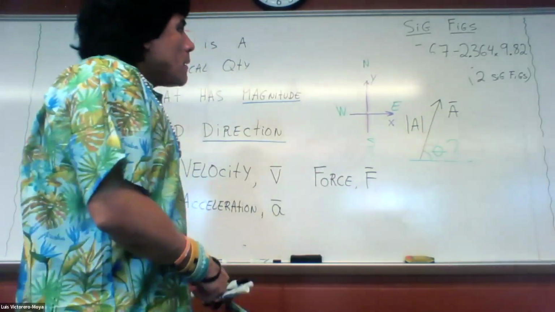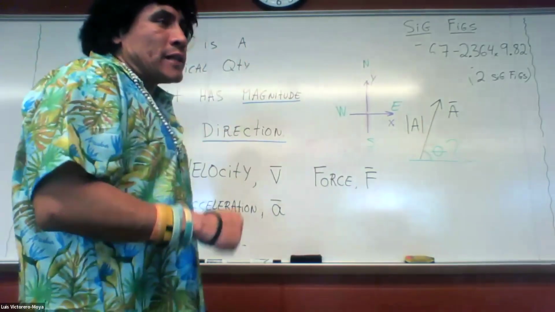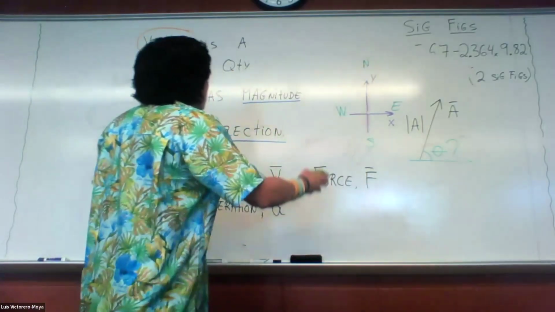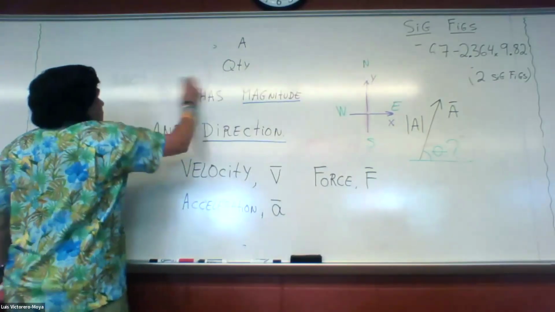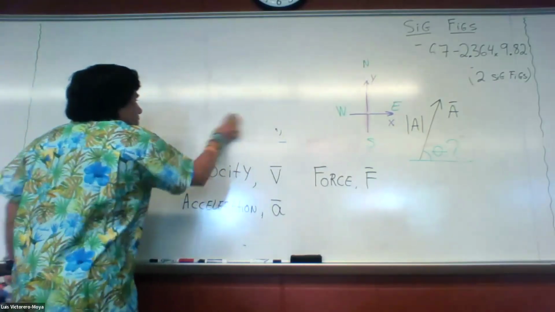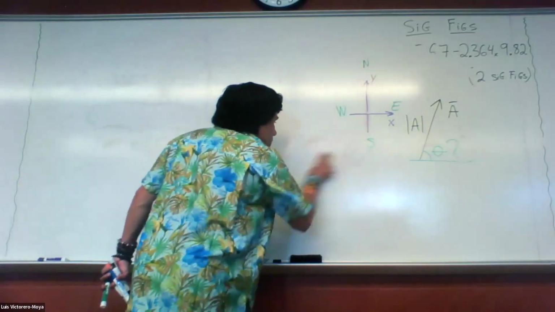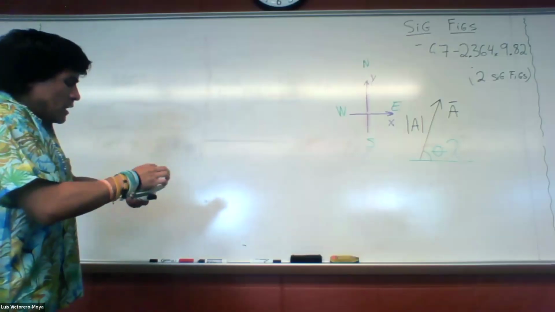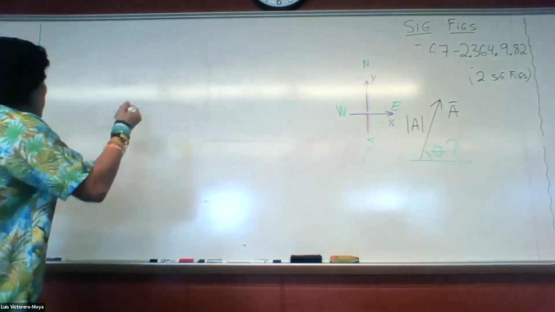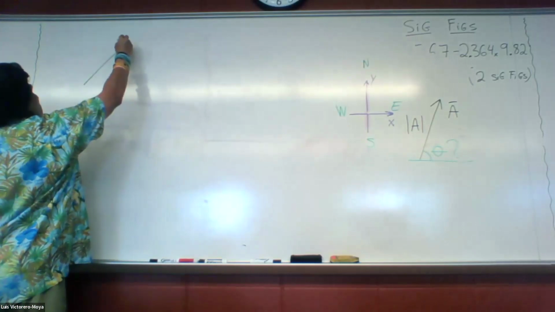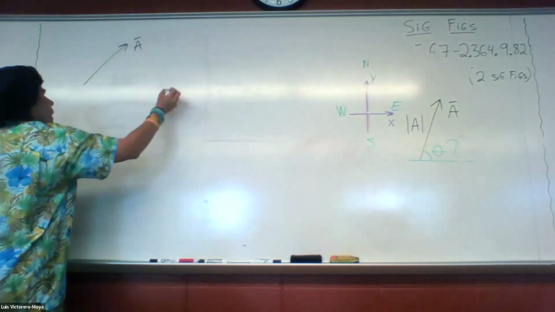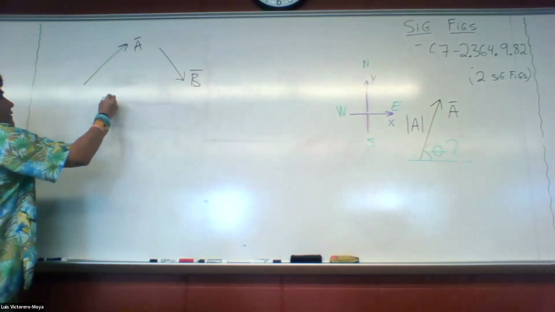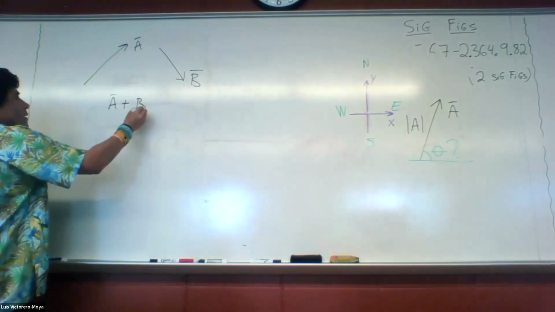How do we manage different vectors? Like how do we add or subtract? Because it's not like scalars. So let's see. And that's also in the book, by the way. But sometimes you can be given vectors like this. Vector A and vector B. How do you add A plus B?